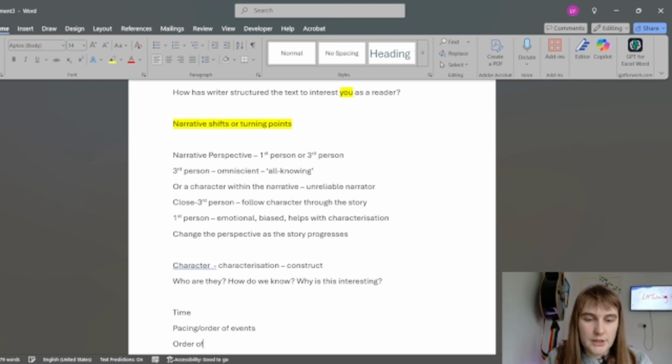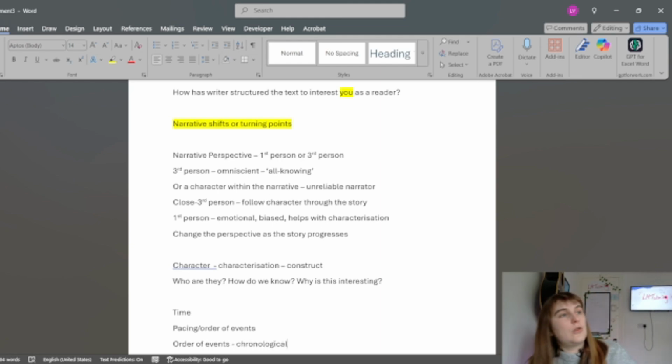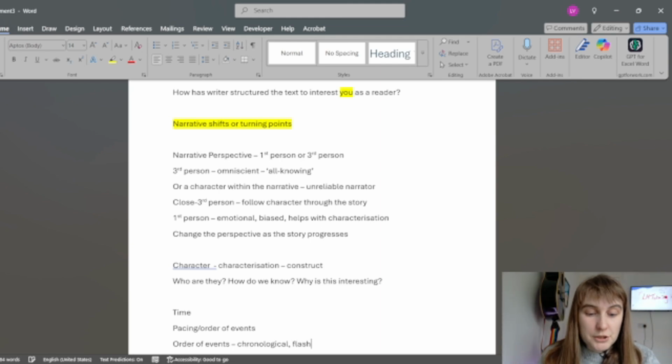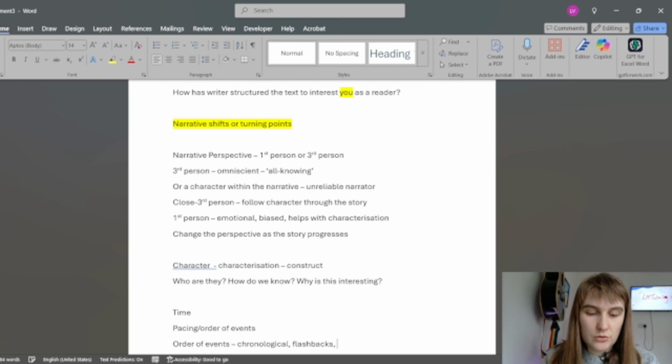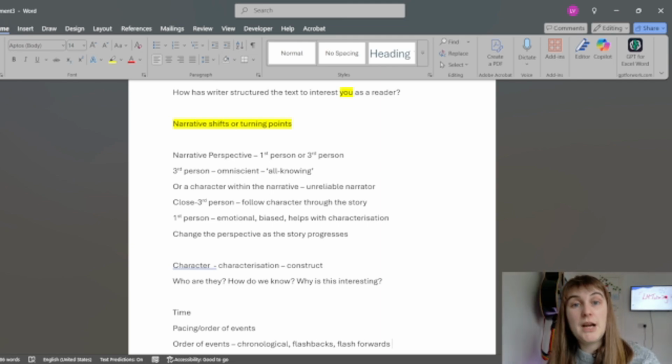Okay. So in terms of the order of events, it could be chronological, okay? Chronological meaning that it happens in the order that it actually might have happened in real life. So the start is at the start and the end is at the end. What can be a little bit more interesting, though, is if we have things like flashbacks, where we look at what's happened in the past before we move to the future, or similarly, flash forwards, where we have a little glimpse of what's to come before we come back and show the reader how we got there.